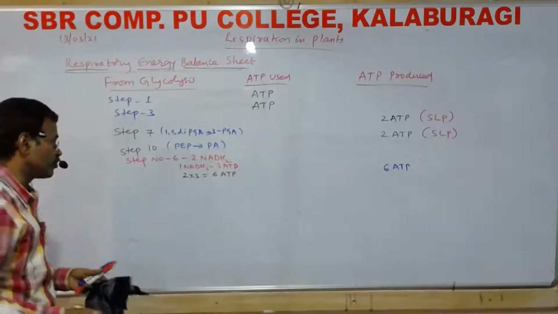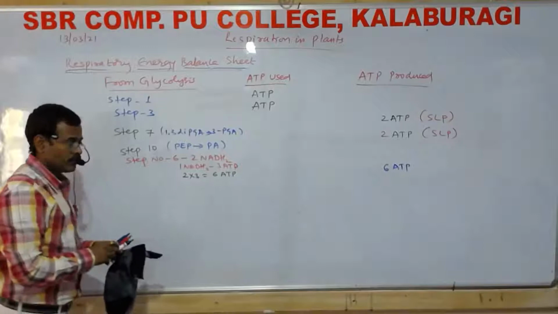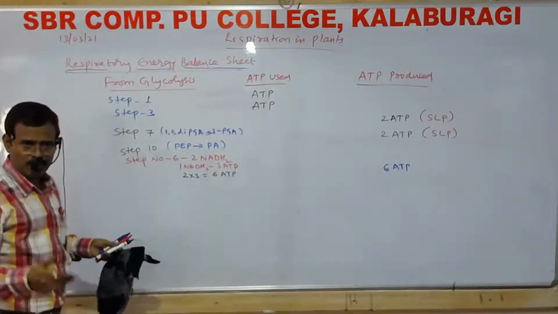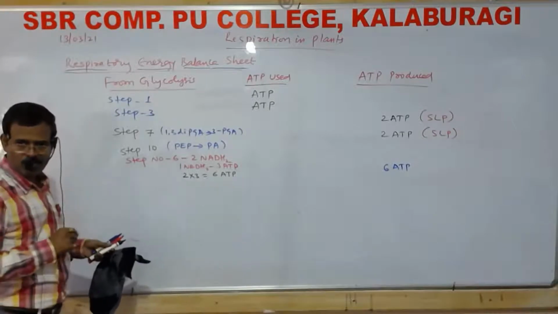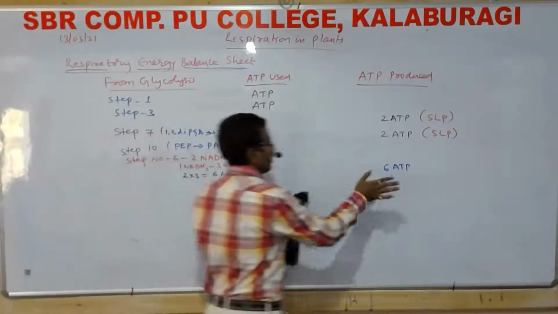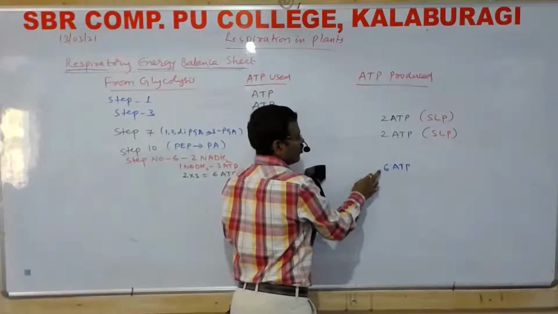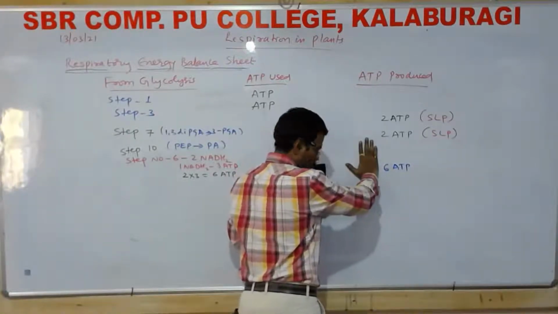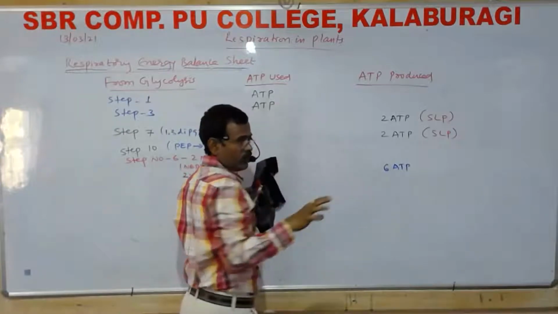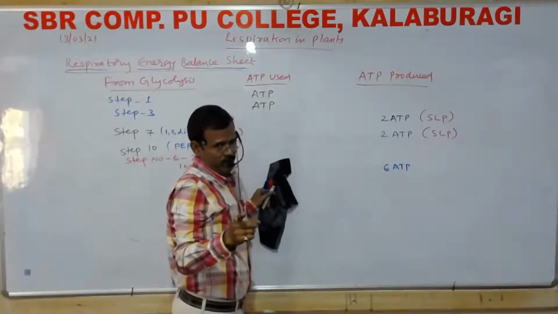After oxidation. Right? Now, glycolysis is over. See, from glycolysis 6 plus 2 plus 2, 10. 10 produced, 2 used. So total 8.